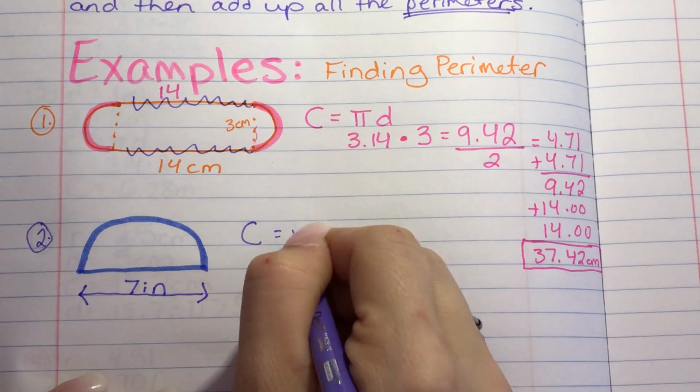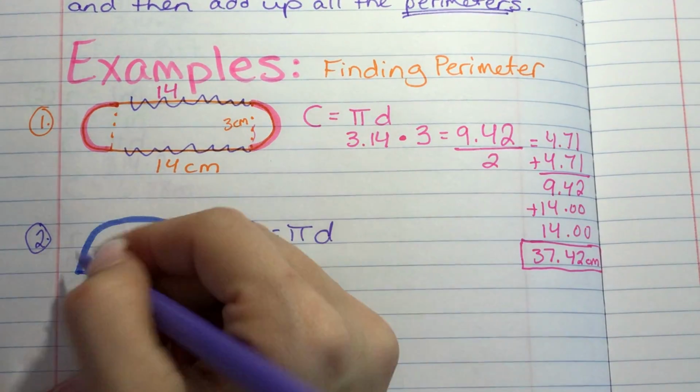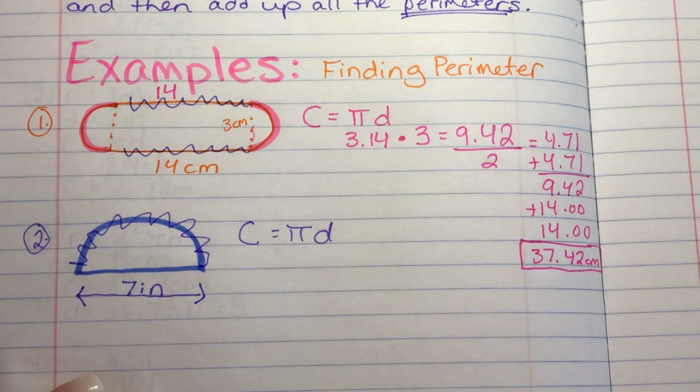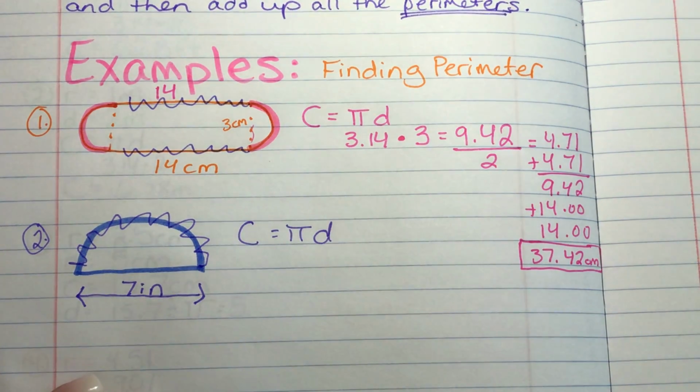So C equals pi d. When I find that out, that is only this part of the circle, the arc. Have I even touched the bottom yet? Nope. So we're just working on the arc, the circle part.